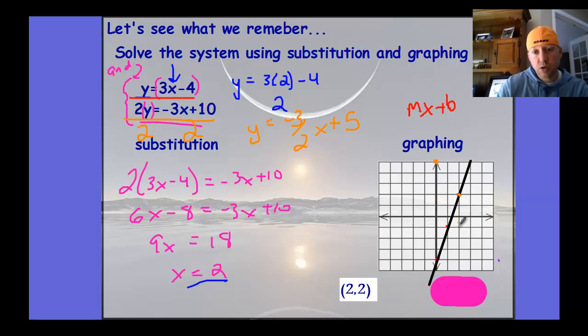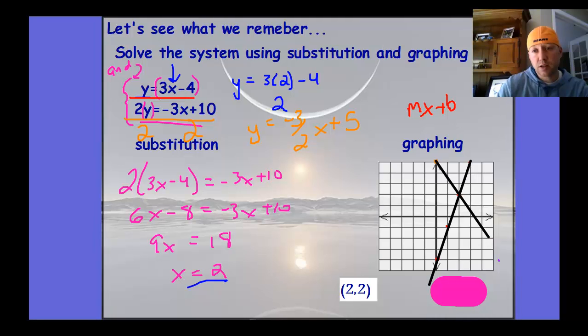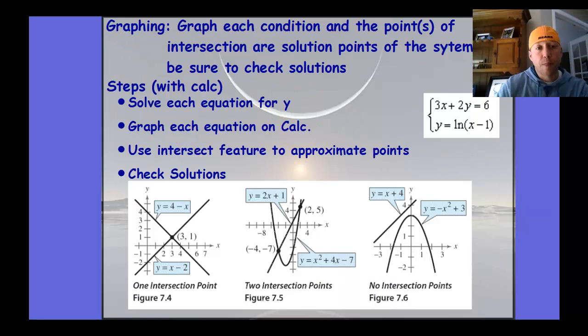So you can see that intersection. And so then we can draw that line. And you can see the intersection of the two lines is the solution to the system, which is still the point (2, 2).